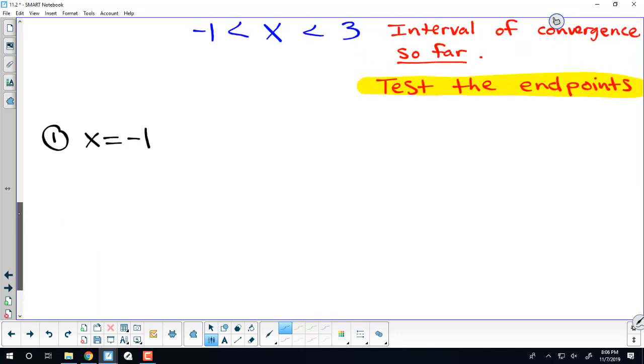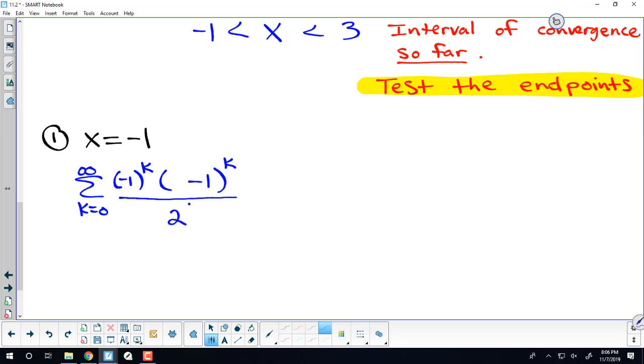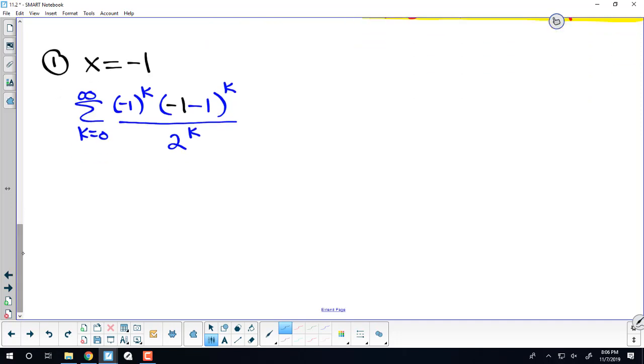So when x equals -1, our series is the sum from 0 to infinity of (-1)^k times (x minus 1)^k all over 2^k. So now we're back into a chapter 10 setting. Wait, what's happening?